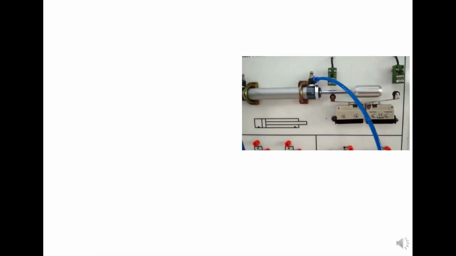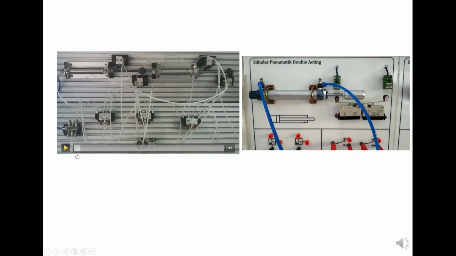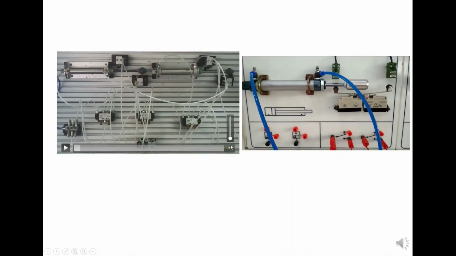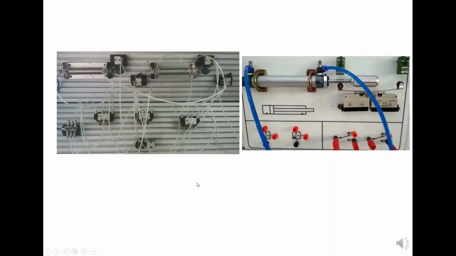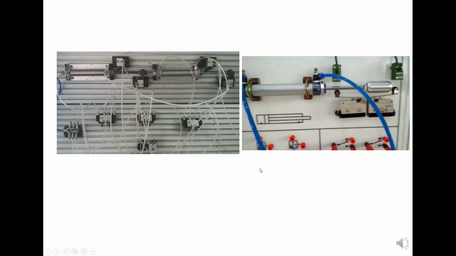Video yang ini pula saya tunjukkan bagi memberi gambaran sebenar limit switch atau mechanical sensor ini dalam litar sebenar Electropneumatic lah. Dalam video yang satu lagi ni pula saya nak tunjukkan persamaan dan perbezaan di antara pneumatic mechanical sensor dan electrical mechanical sensor.